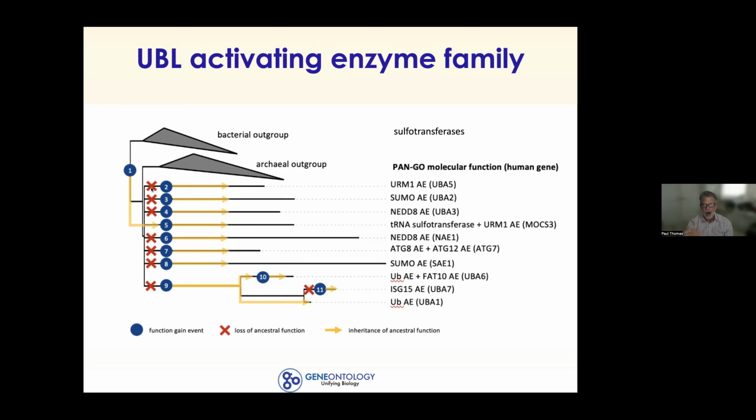So you basically have this modification of an ancient sulfotransferase function that becomes a ubiquitin-like modifier function, and then subtypes of different ubiquitin-like modifiers, and sometimes within a clade you can have later events distinguishing between yet more ubiquitin-like modifiers and different specificities of modern enzymes. So that's what our model looks like.